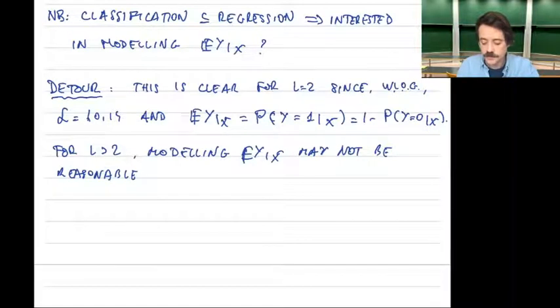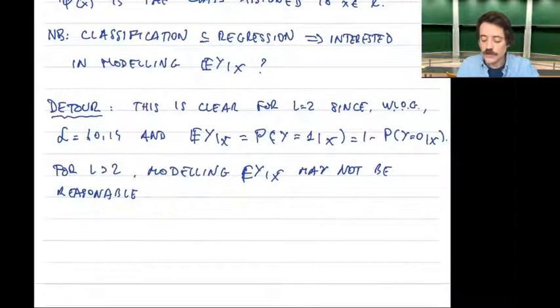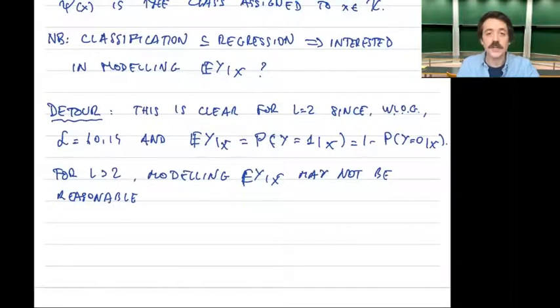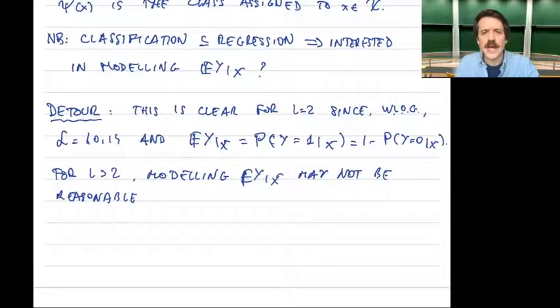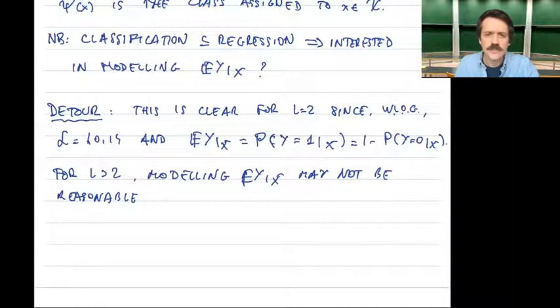Plus, what is also important is that we've arbitrarily decided that y is going to take values in 1, 2, 3 up to capital L. So really this expectation is going to be averaging those values. And if these values have the interpretation of being different animals, again cat, dog, and so on, then what is the interpretation of averaging these natural numbers that we've assigned to each of the classes? It's just not reasonable in that case to be modeling this guy.